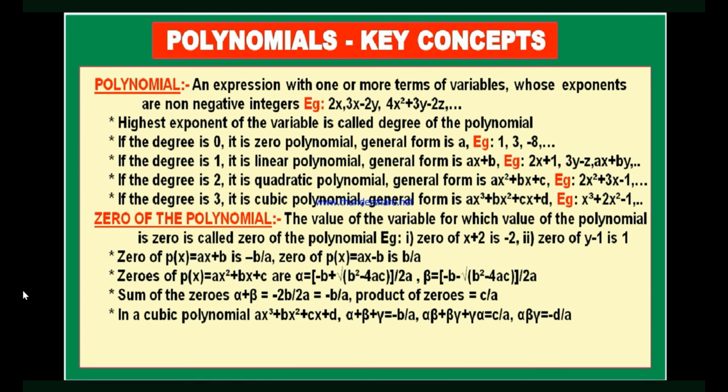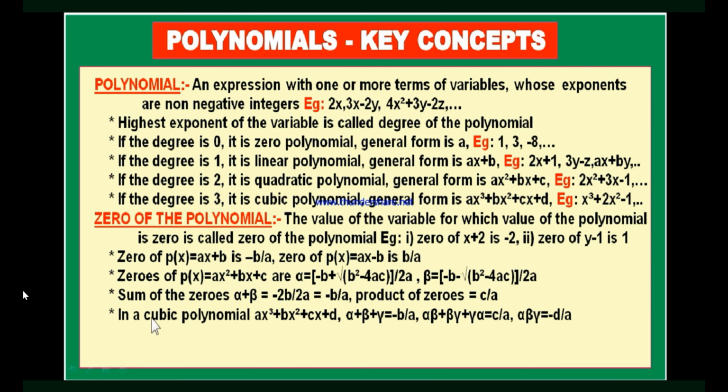Then the sum of the 3 zeros alpha plus beta plus gamma is equal to minus b by a. Alpha beta plus beta gamma plus gamma alpha is equal to c by a. And alpha into beta into gamma is equal to minus d by a. These are the 3 formulae you should keep in mind if I have given a cubic polynomial.